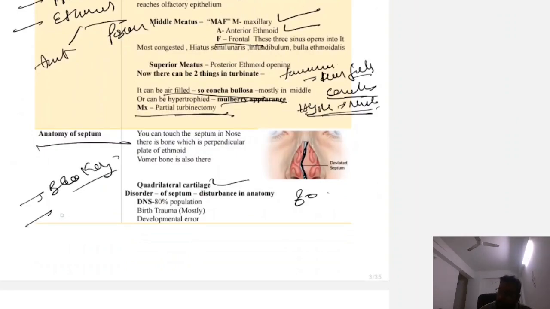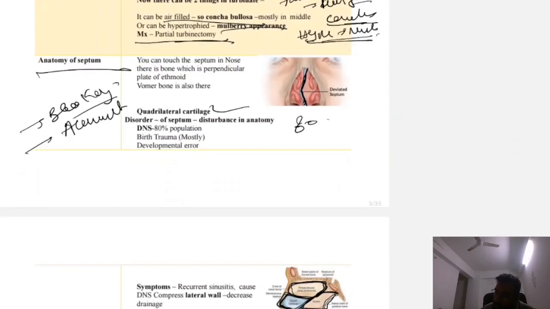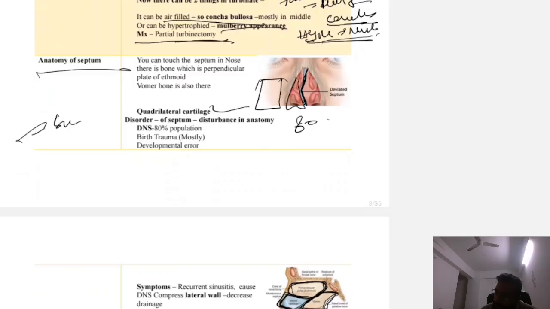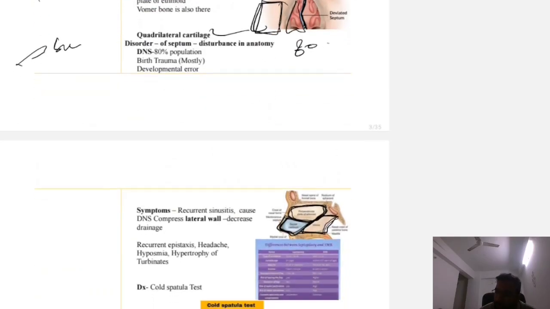Blocking of the nostril and accumulation of fluid leads to infection in the nose, and the sinus is near to the nose. The maxillary sinus is near to the nose, so infection from the nose can go into the sinus. It could also lead to recurrent sinusitis, headache, hyposmia, and hypertrophy of turbinates.